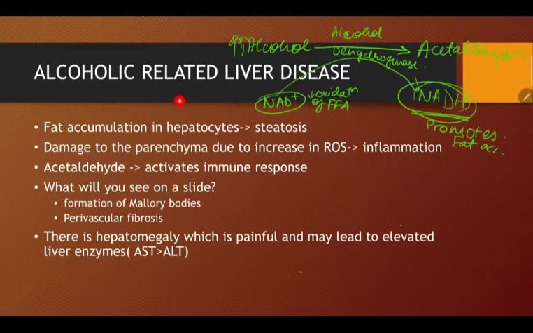This promotes free fatty acid production and decreases the oxidation. So in the end, you have fat accumulation leading to steatosis. There's damage to the parenchyma because acetaldehyde also causes an increased amount of reactive oxidative damage, leading to inflammation, so alcoholic hepatitis.